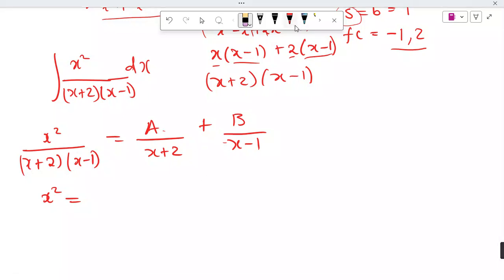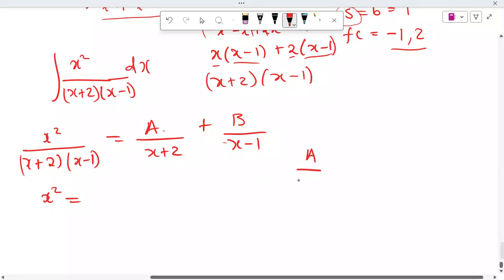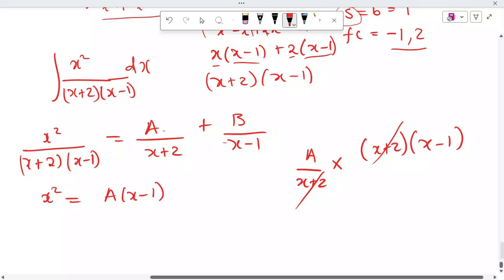How do we find these answers? I showed it in the earlier video. You have A over x plus 2, multiplied by x plus 2 times x minus 1. This and this will cancel, so you have A multiplied by x minus 1.